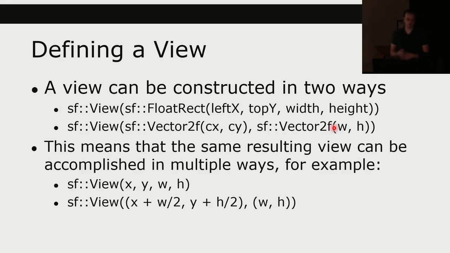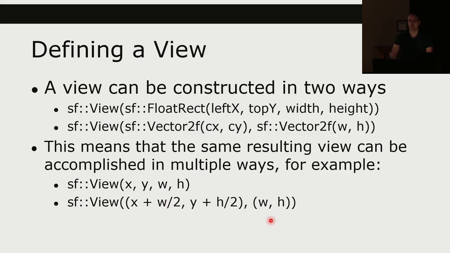And so that means that the same resulting view can be accomplished in multiple ways. So if we did have a rectangle with a top left of x, y, and a width and a height, then we could also specify this by using this SF vector 2f method by specifying what is the actual center and the width and the height.